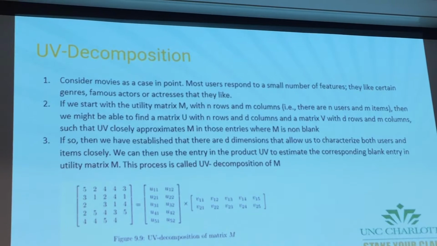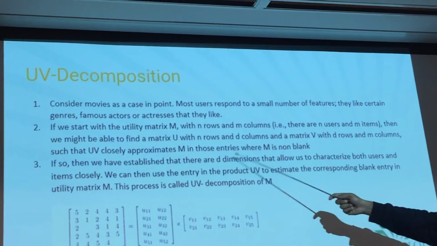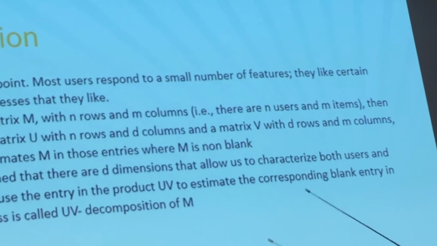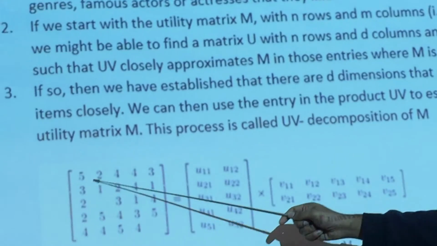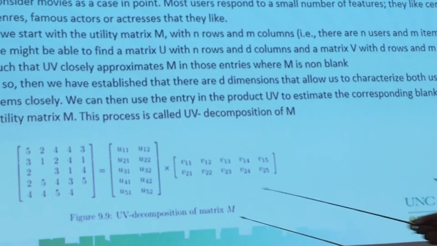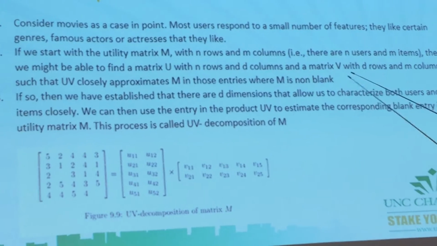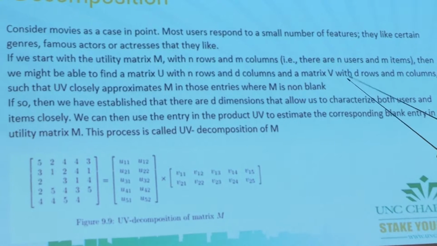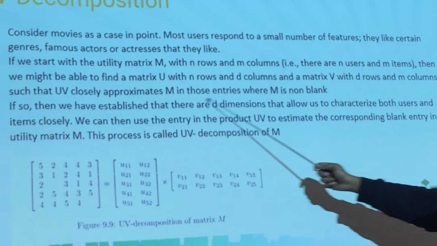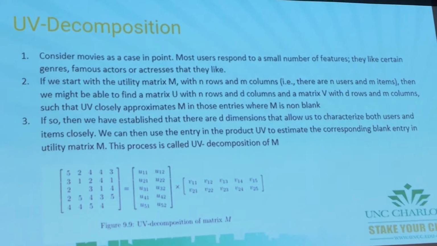So, UV decomposition. If we start with the utility matrix M, which I initially spoke about, with N rows and M columns, that is N users and M items, then we might be able to find a matrix U with N rows and D columns, and a matrix V with D rows and M columns, such that UV closely approximates M in those entries where M is not blank.